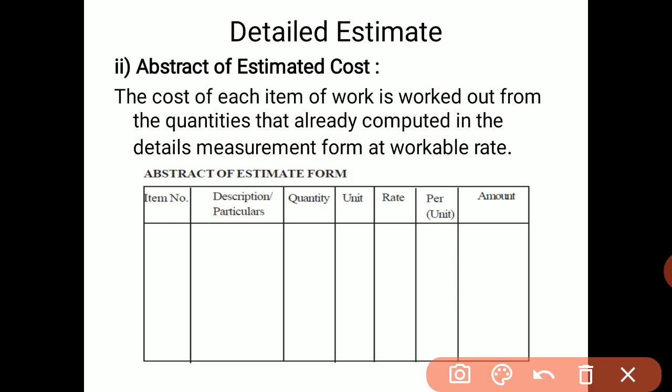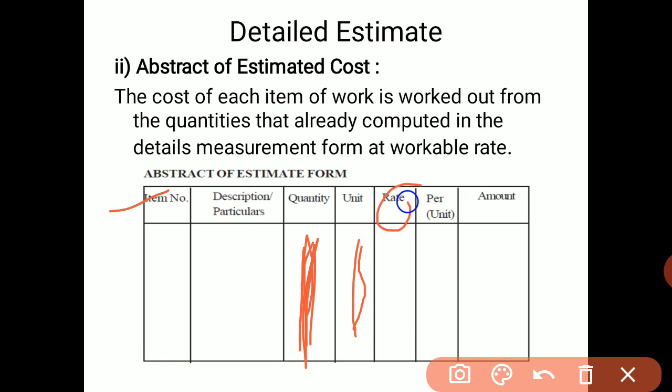Then the next one is the abstract sheet. Here we take the quantity of item directly from the measurement sheet. Then the unit, that is square meter or cubic meter, whatever.